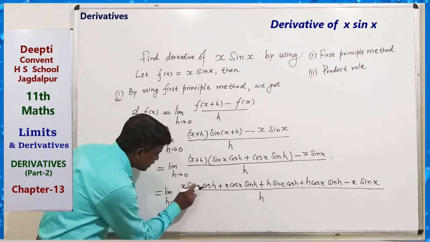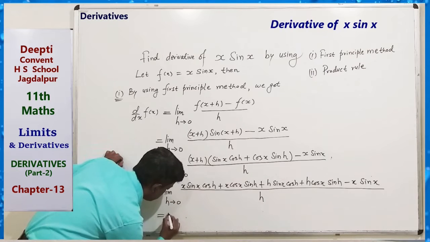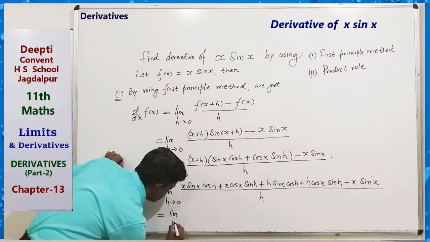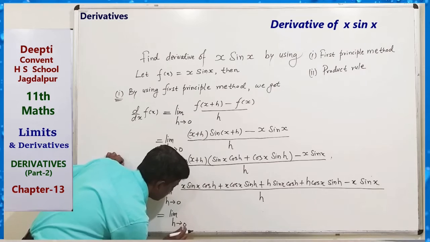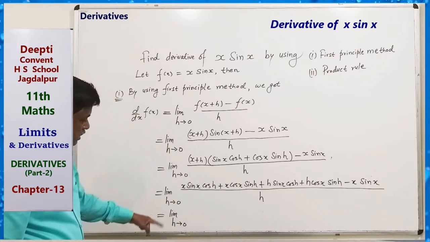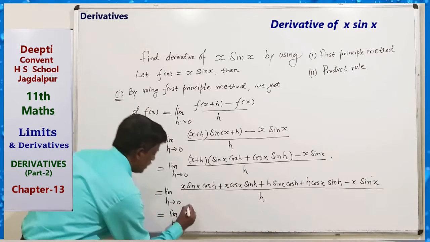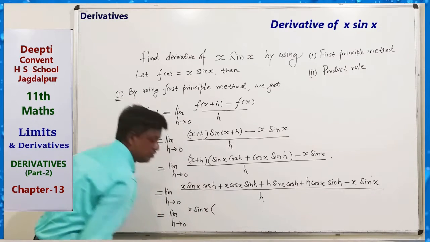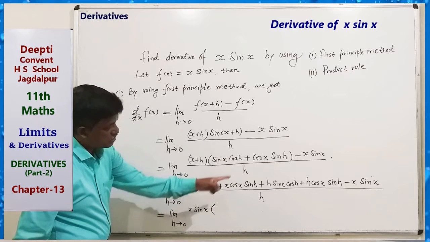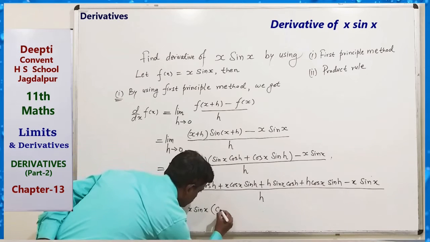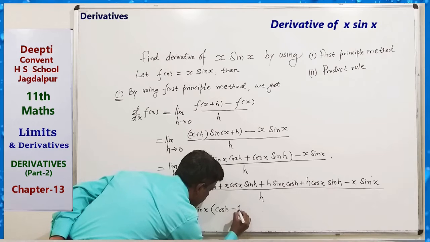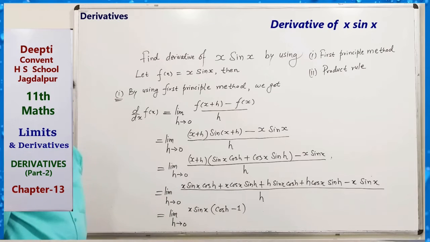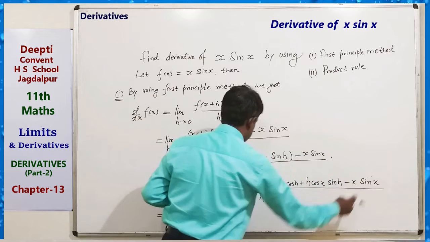Now see, x sin x is common. So you can write it like this: limit as h tends to 0, x sin x common, (cos h minus 1) upon h, this and this combined.